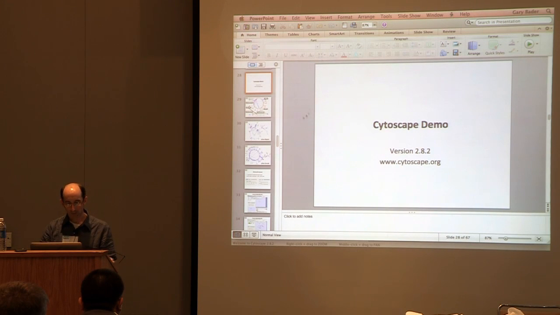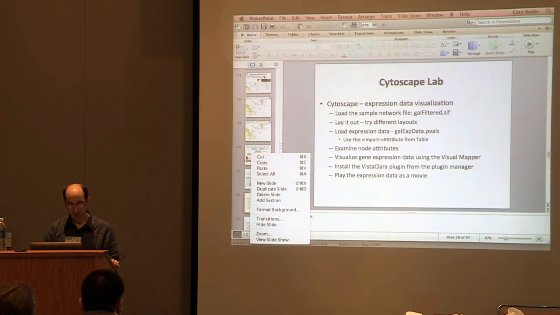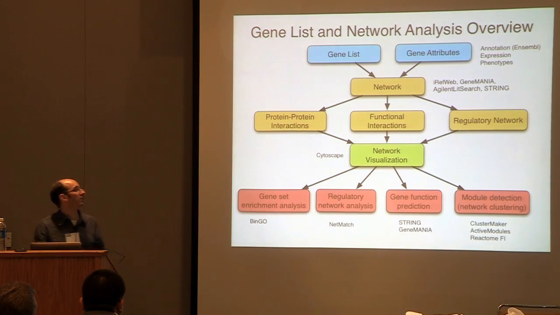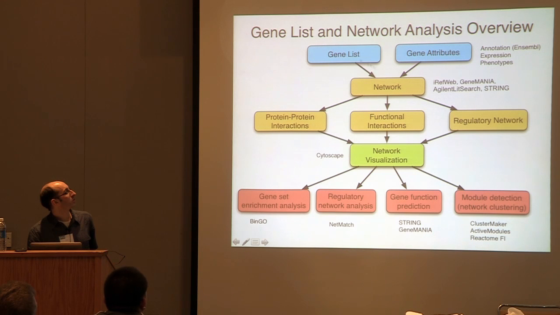Okay, so I'm going to now skip to a slide that I have here that shows, just to reiterate, a workflow of how you use Cytoscape. People tend to start with either gene lists and attributes, or they start with a network.